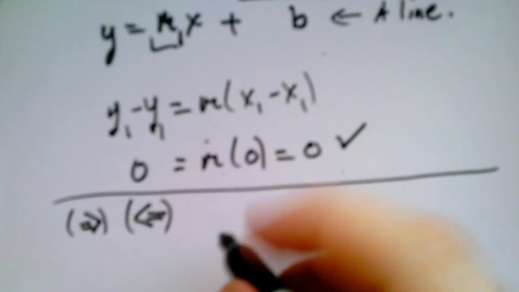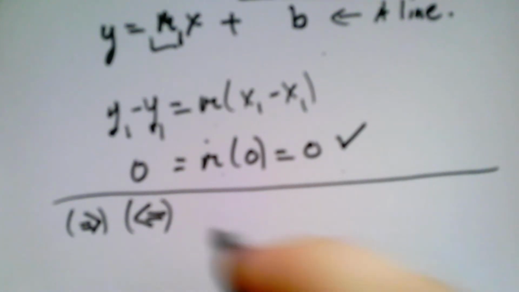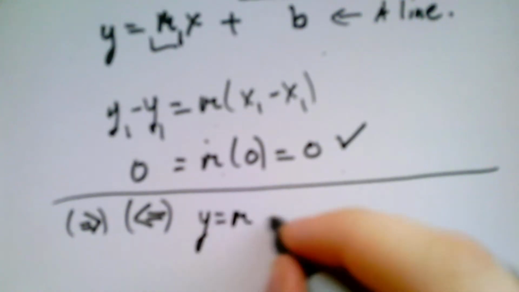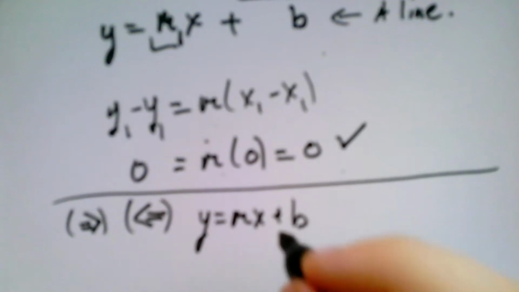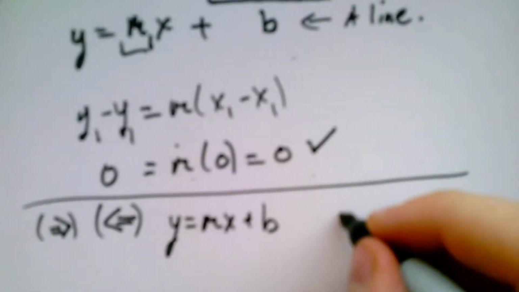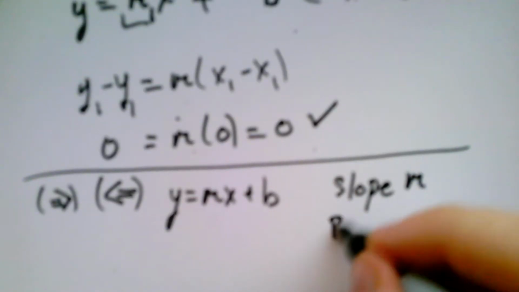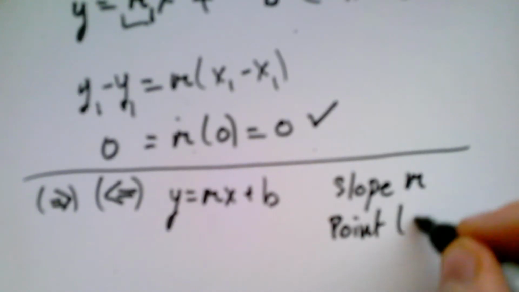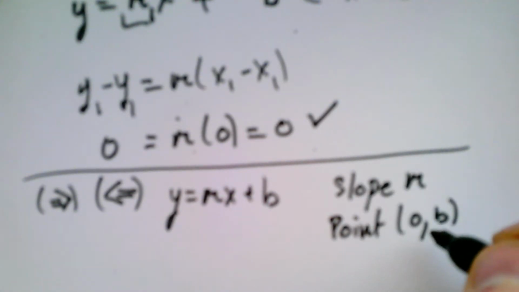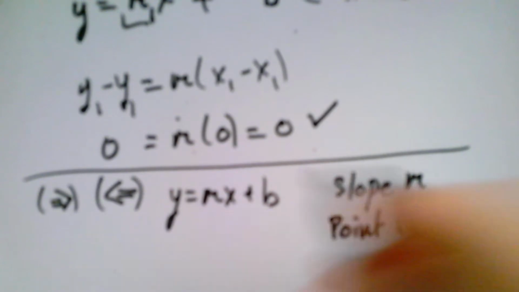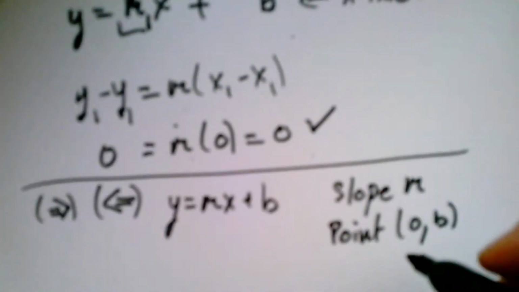So what we want for our last condition, and this is a condition on slope-intercept form, so y equals mx plus b, we want to prove that this here, which we claim is a line with slope m and travels through the point 0 comma b, we want to show that if we use point slope form, we get the same line as we get using slope-intercept form.